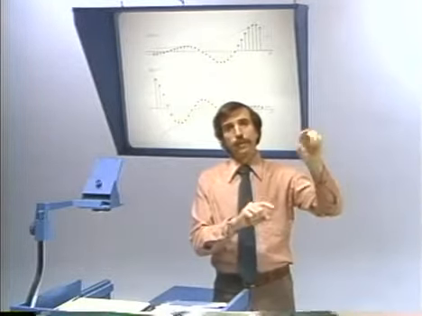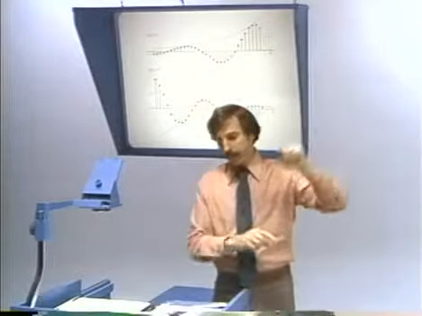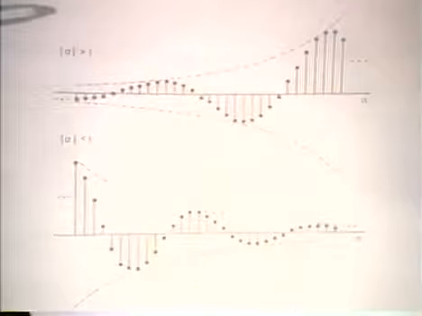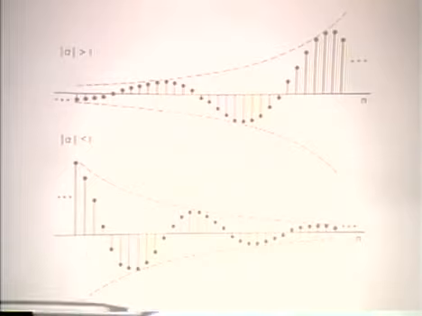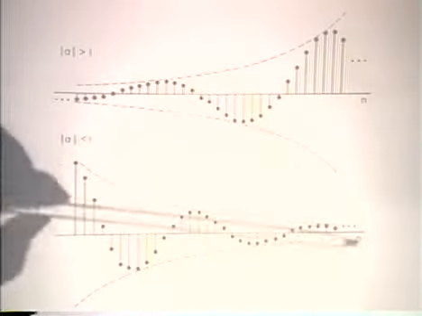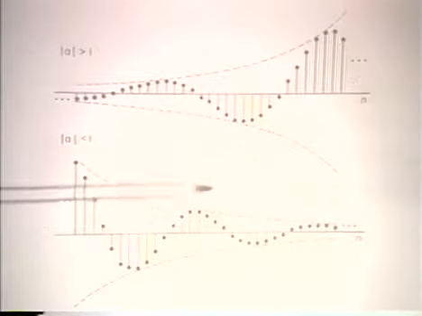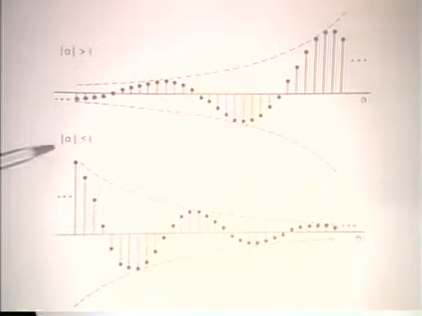Where the magnitude of alpha is less than 1, it's a decaying exponential envelope. And so I've illustrated that here. Here we have the magnitude of alpha greater than 1, and here we have the magnitude of alpha less than 1. In both cases, sinusoidal sequences underneath the envelope, and then an envelope that is dictated by what the magnitude of alpha is.